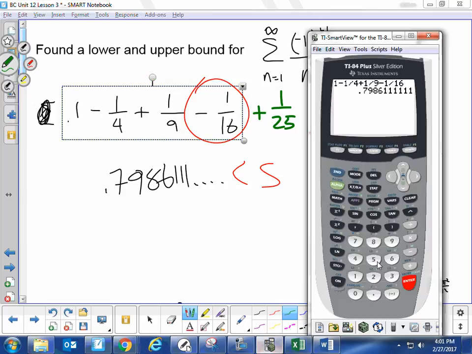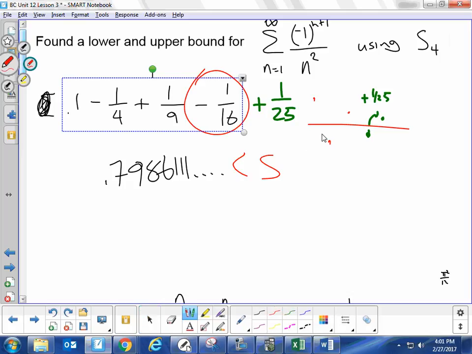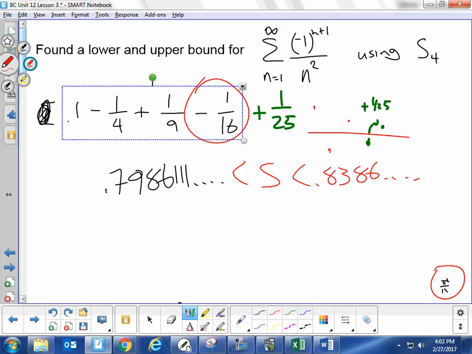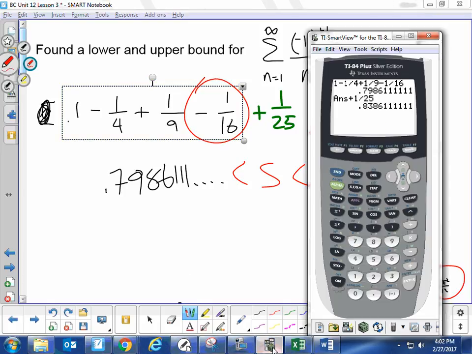Let's take our value of 0.798 and add 1/25. And I know that we will be between this value and 0.8386. We can keep looking at that, and you can actually find that the actual sum is pi squared over 12. It's fascinating that pi is involved here.